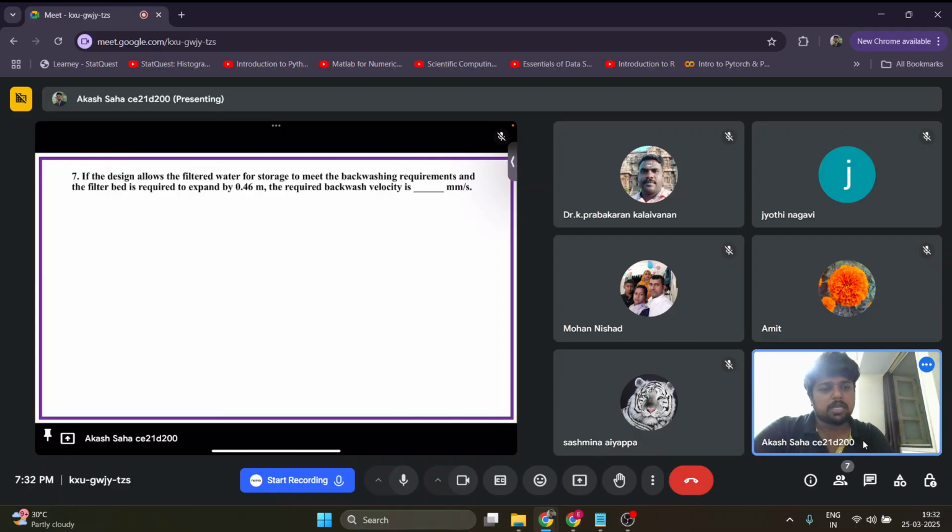So now you have to tell us the required backwash velocity, right? Any idea which equation will be used here? What is the name of this equation? Any idea?